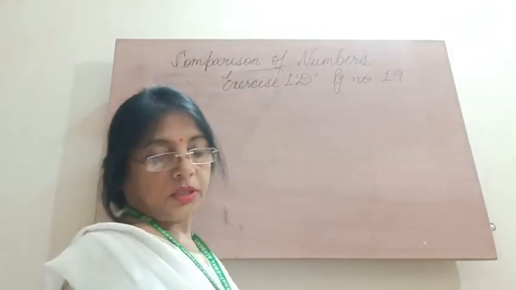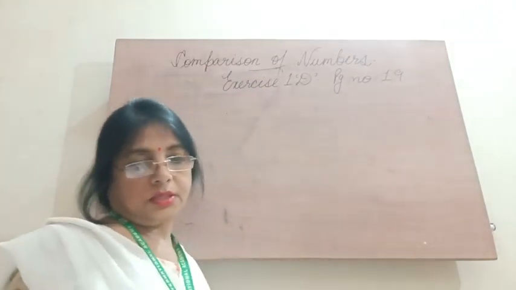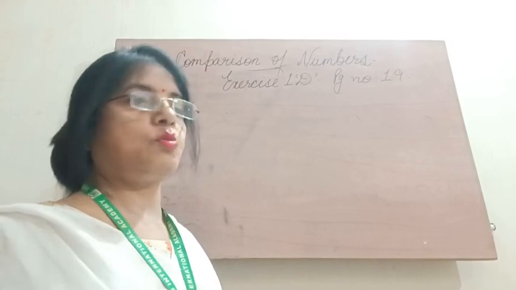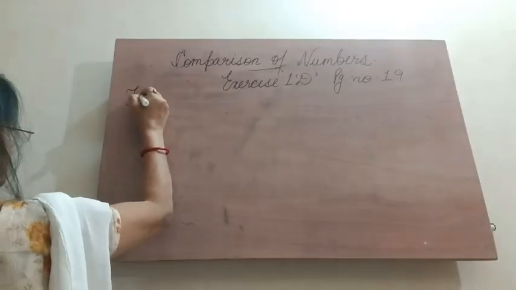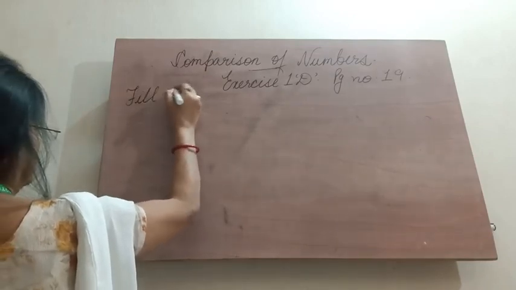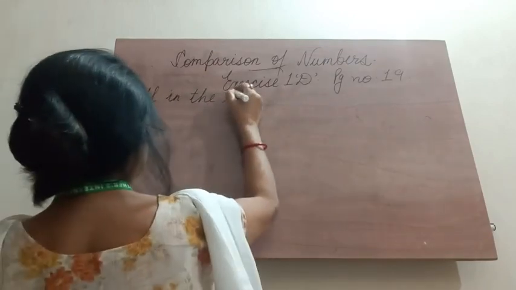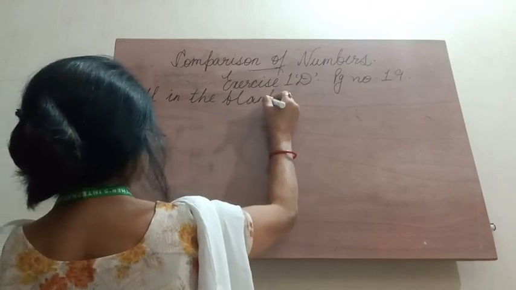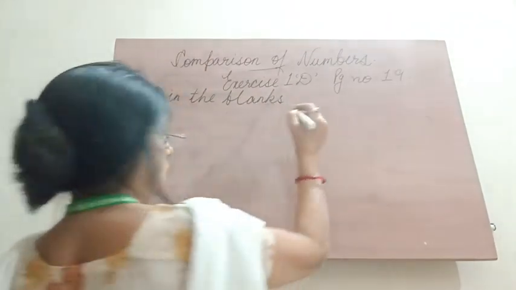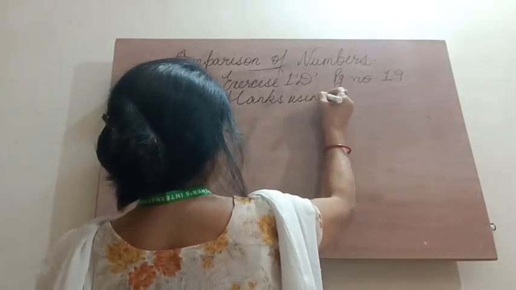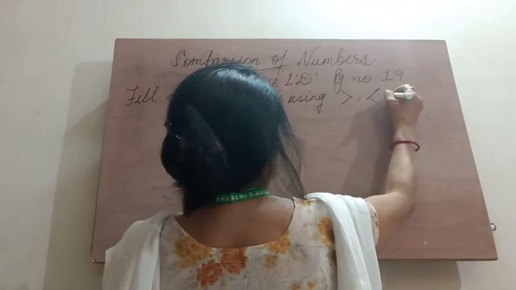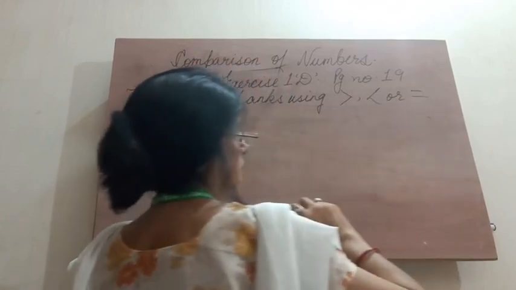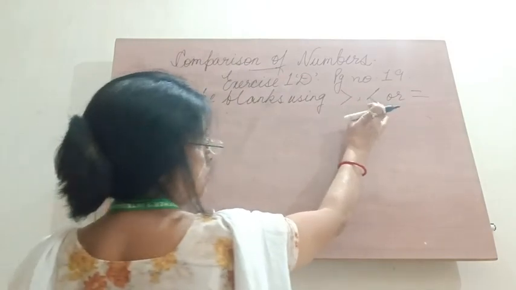The first one is fill in the blanks using the greater, smaller and equal to symbols. Clear to you? So this is the greater, this is the smaller, and this is the equal to symbol.